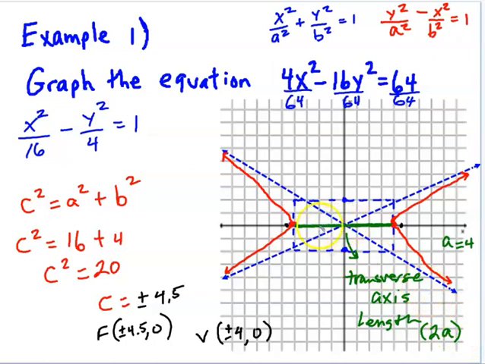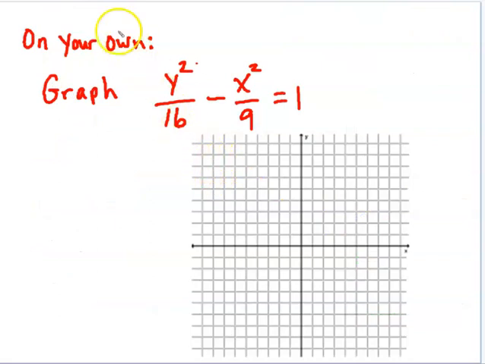So a is 4, so it should be 8 units from one vertex to the other, covering the distance of that green segment called the transverse axis. All right, now that we've laid some groundwork, let's do a few more, and then you'll be ready to attack the assignment.